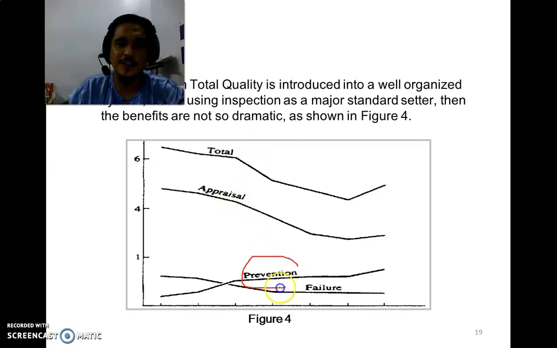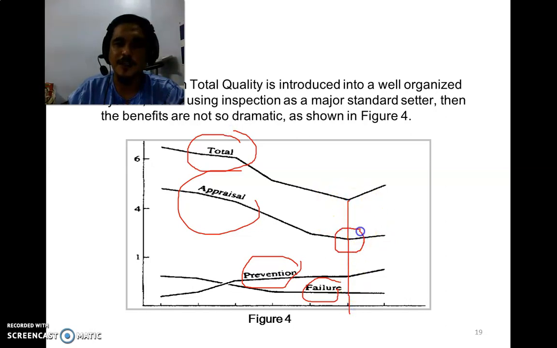So prevention cost is increased, but appraisal and failure cost is decreased. But total cost, where is the minimum total cost? The minimum is here. So that means here is the first intersection, second intersection, and third intersection. So here the engineer must focus to make sure the cost will be constant.